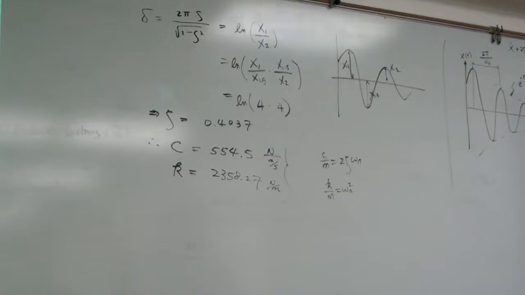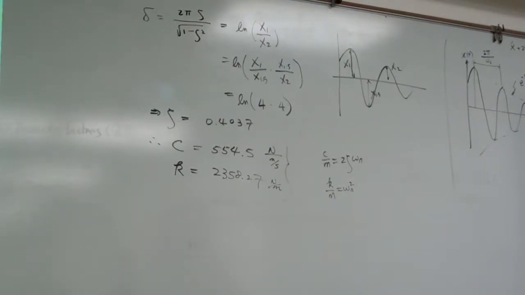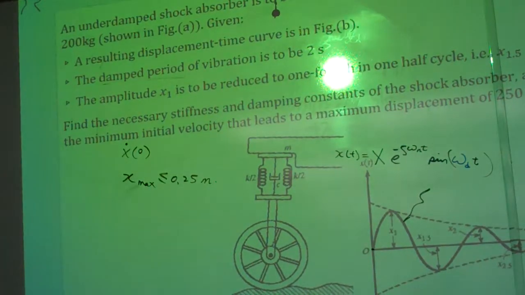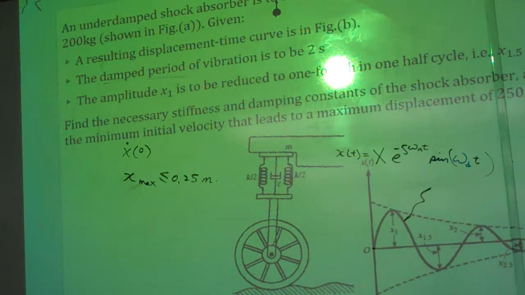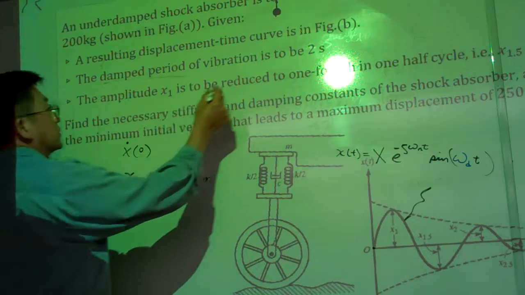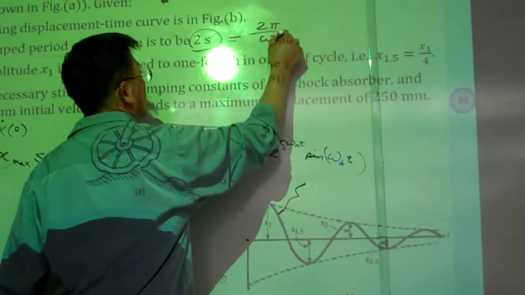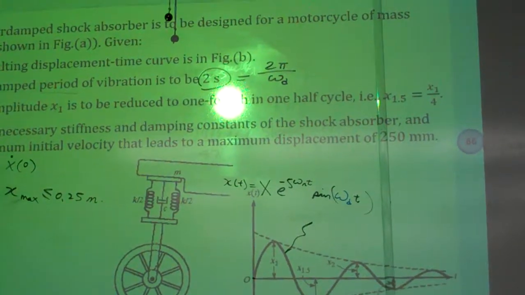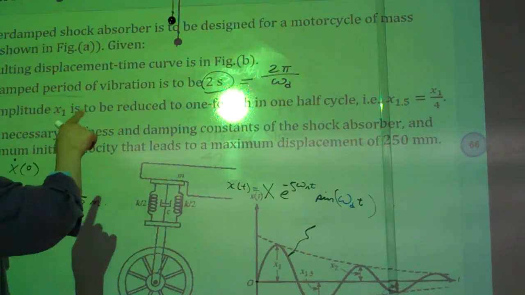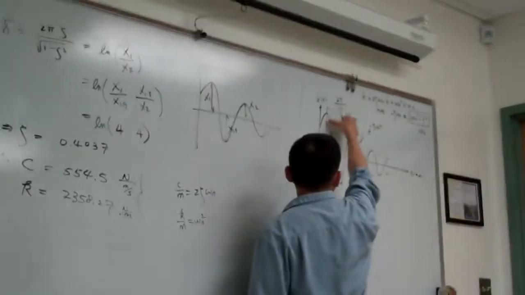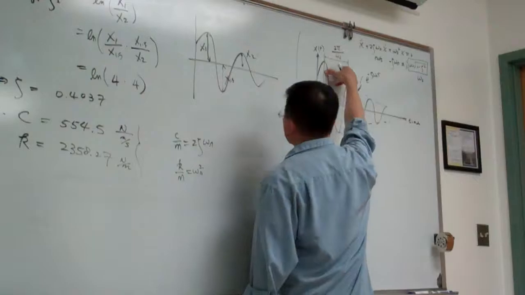For this one, the period is equal to 2. I don't know why my pen is dying today, so let me change color. So then the period is equal to 2. Okay, so basically 2 equals 2 pi divided by omega d. I think I also made a mistake here. So 2 seconds is the period here, so that's saying the duration from here to here is 2 seconds.